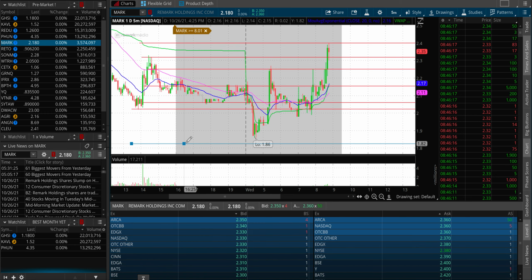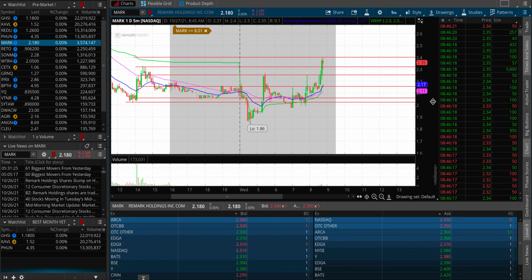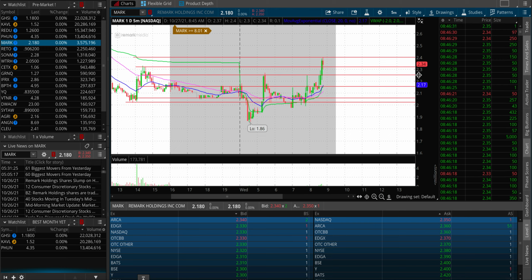I think Mark has a little bit of a higher float, but then again, it's a very known stock in the trading world, so traders know it. It's just sometimes not as easy to trade because the float, I'm pretty sure the float is higher, unless I'm mixing it up with something.